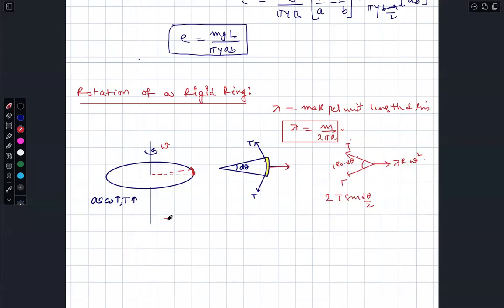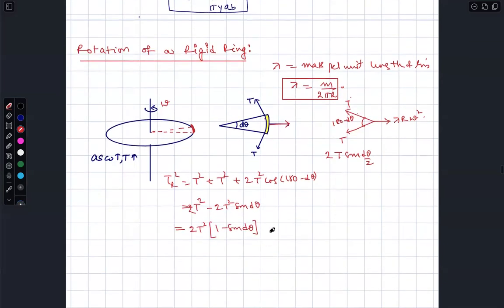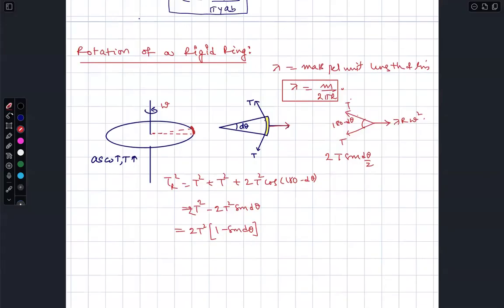If you are not convinced, T resultant square is T square plus T square plus 2T square cos of 180 minus d theta. This will become 2T square minus 2T square cos d theta, 2T square times 1 minus cos d theta.